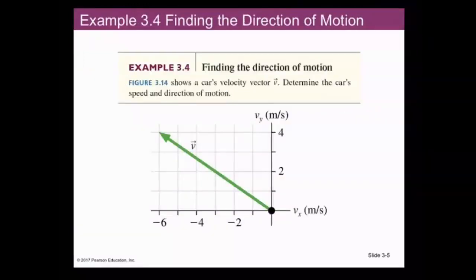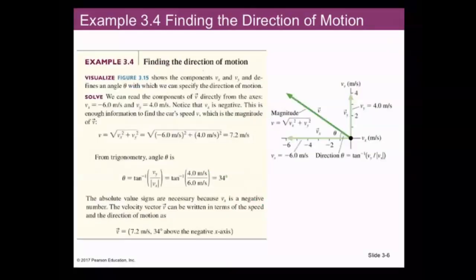In example 3.4, we want to find the direction of motion. Shown in the figure is the car's velocity, vector v. We need to determine the car's speed and direction of motion. We visualize this example with the figure to the right, which shows the components v sub x and v sub y, and defines an angle theta with which we can specify the direction of the motion.